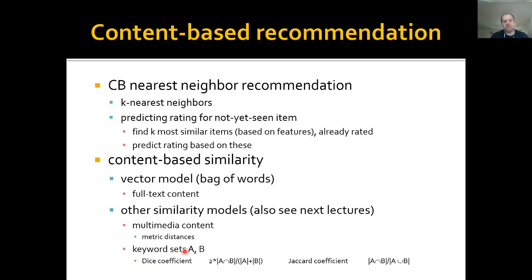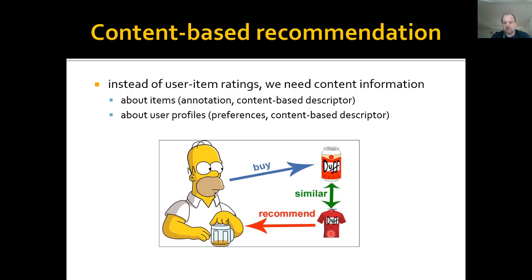If we have a very simple representation of the features, like a set of keywords, then we can use the super simple Jaccard coefficient that just measures the proportion of the overlap of these two sets to the union of these two sets. If there are many keywords in common in the descriptions, then the Jaccard coefficient would be high, and therefore the similarity would be high, and therefore maybe it will be recommended.